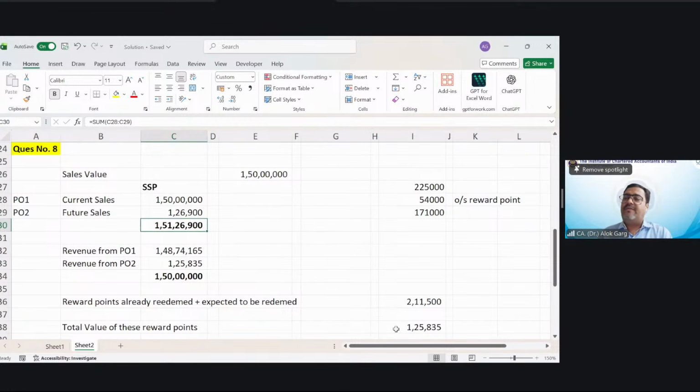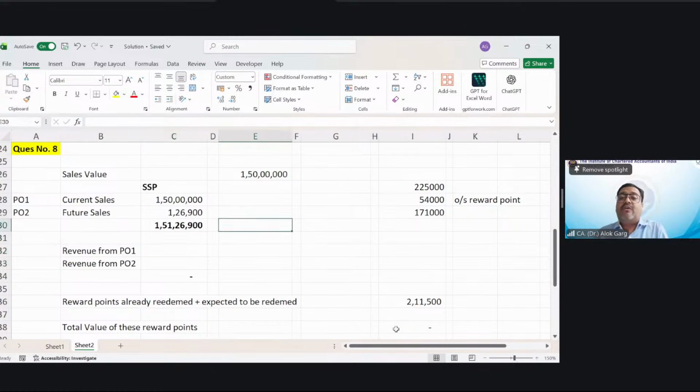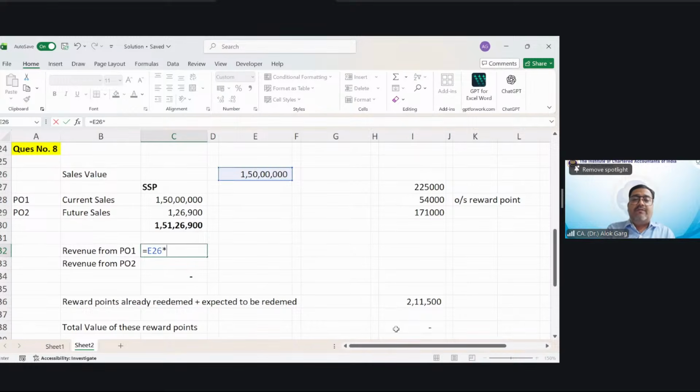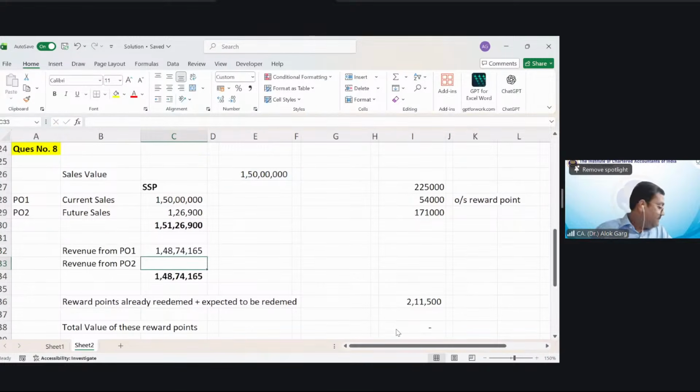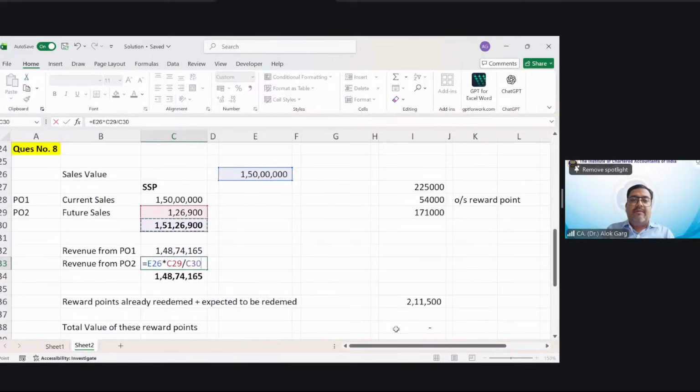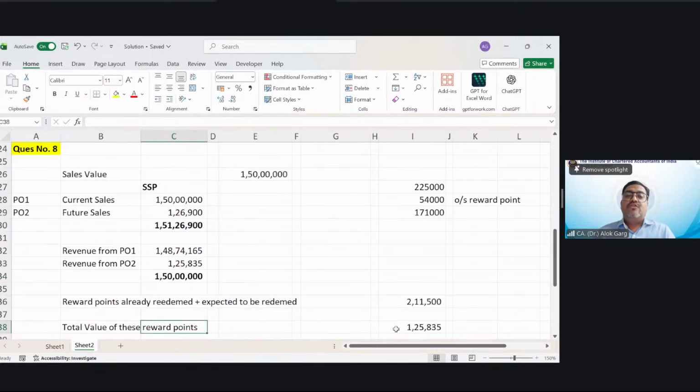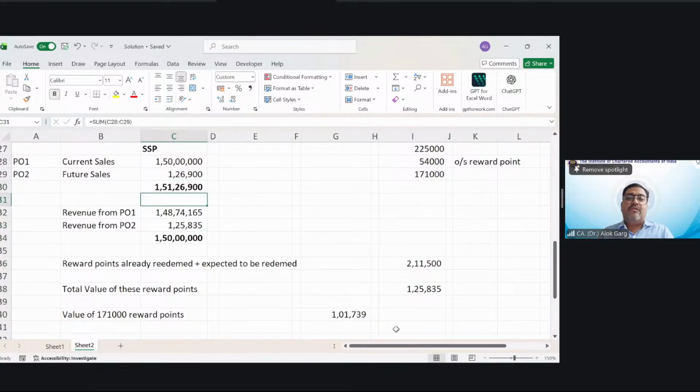Now friends, I have to allocate this 1 crore 50 lakh into the two performance obligations. How will I allocate? 1 crore 50 lakh multiplied by this, divided by this. Then this multiplied by this, divided by this. So this is what I got as the standalone selling price of both performance obligations.